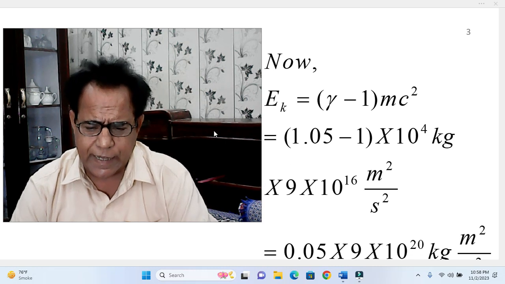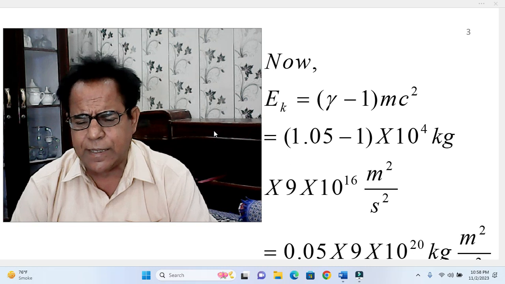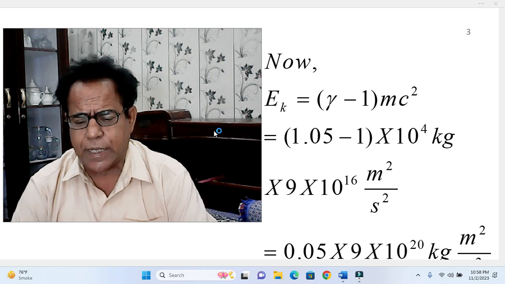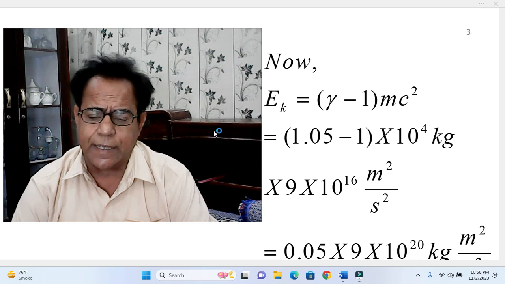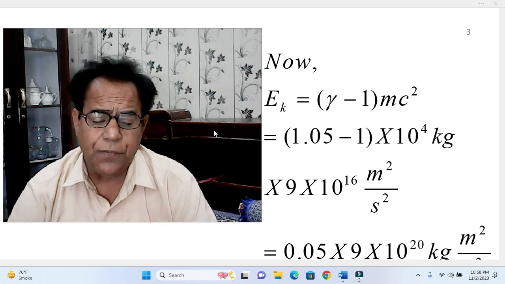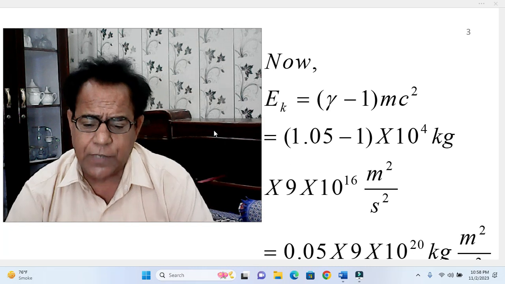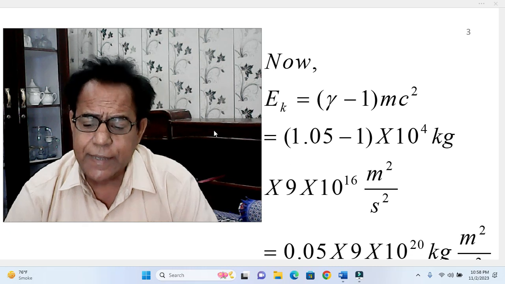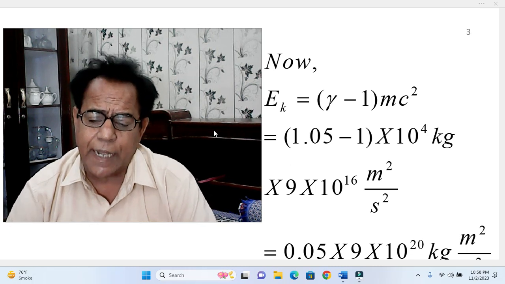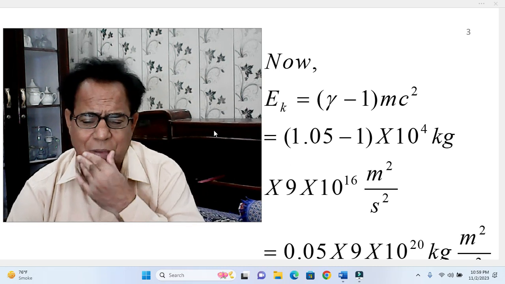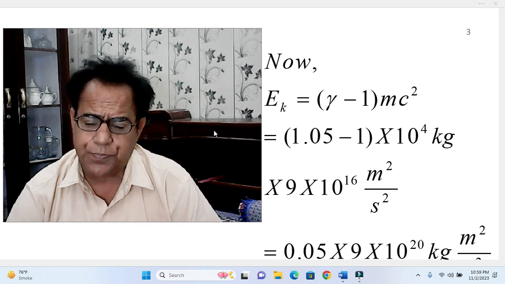Kinetic energy is equal to gamma minus 1 into mc square. We have found the value of gamma in the previous step, which was 1.05, minus 1 as in the expression, and mass is given in the statement as 10,000 kilogram, which is equivalent to 10 raised to the power 4 kilogram.